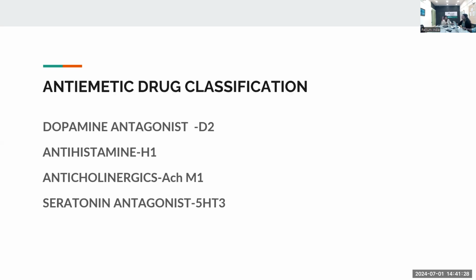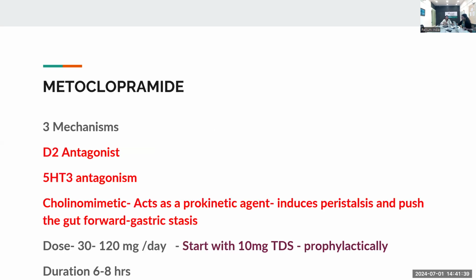So now we are going into a little bit of detail about each drug. Dopamine antagonist, antihistamine, anticholinergic, serotonin antagonist. We'll discuss one by one. Coming to the first one, metoclopramide is a very good drug because it acts by three different mechanisms.